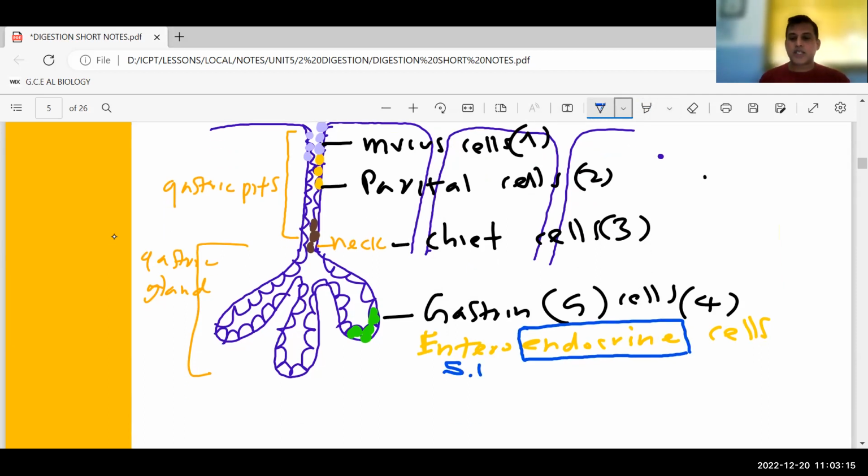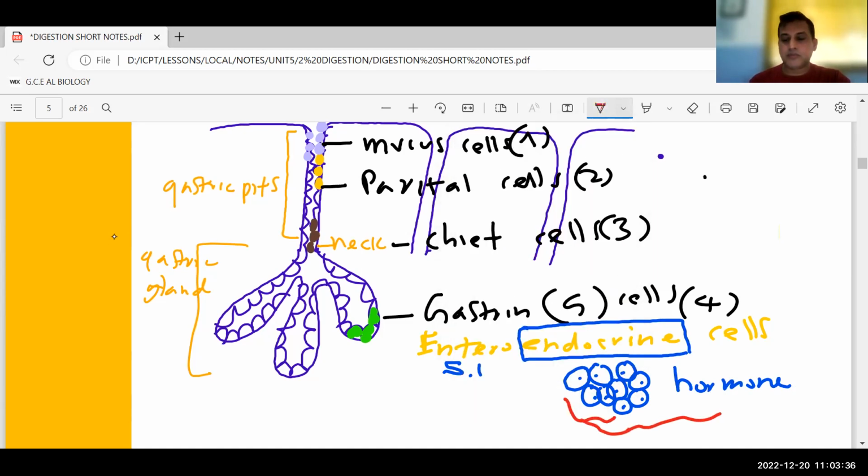Endocrine means there is a group of cells and these cells produce hormone, and the hormone is directly secreted into the blood.